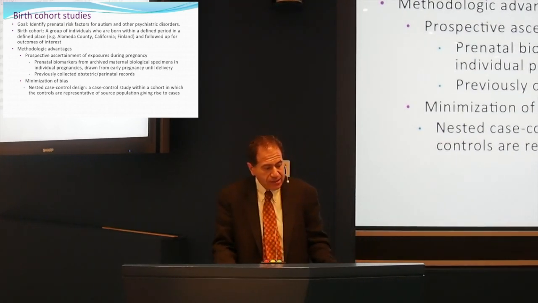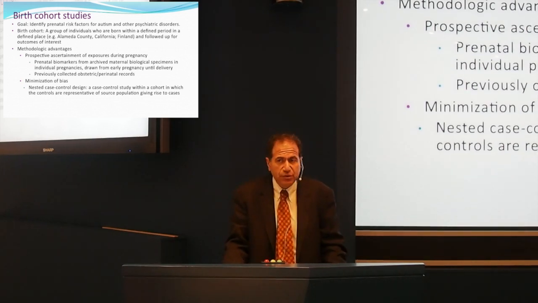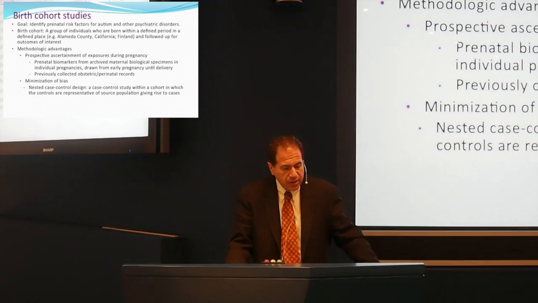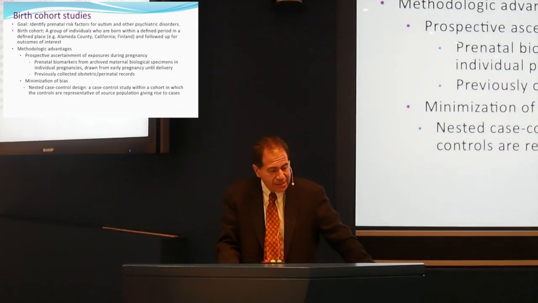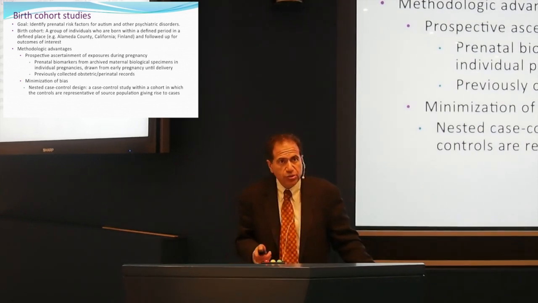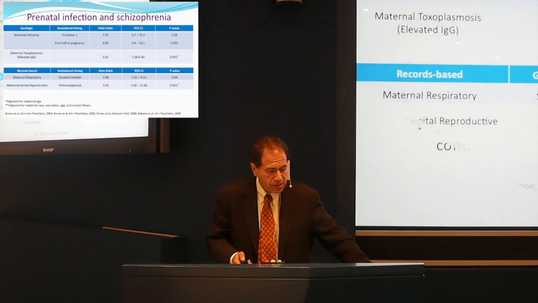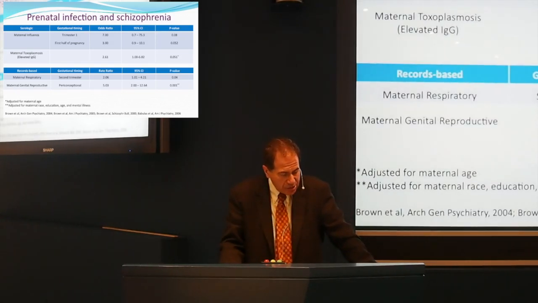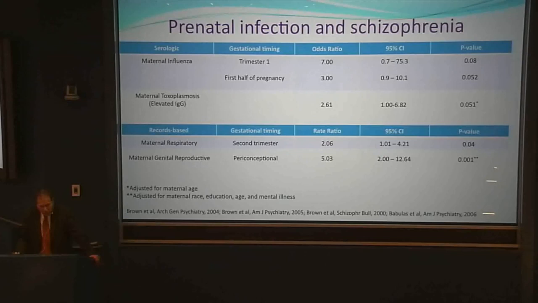A second point is that this kind of work minimizes the potential for biases that can arise when the cases and controls aren't equivalent on a number of measures. And so we use what's called a nested case control design, which is a case control study within a birth cohort in which the controls represent the source population giving rise to the cases. Because you can get a lot of spurious findings if you use alternative methodologies that are expedient but not really geared towards answering the question in front of you and getting definitive results.